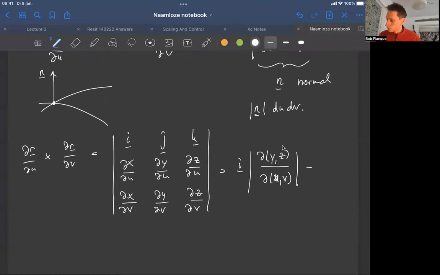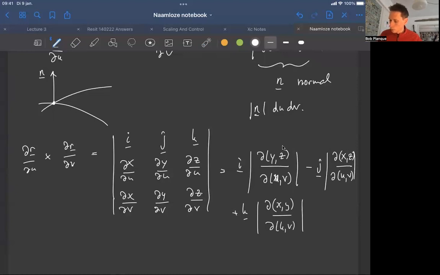Minus j times d(x,z)/d(u,v), plus k times d(x,y)/d(u,v), where one of these things, d(y,z)/d(u,v) for instance, equals dy/du dz/dv minus dz/du dy/dv.